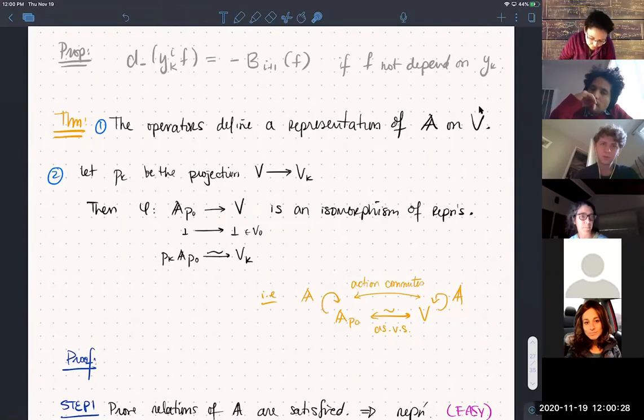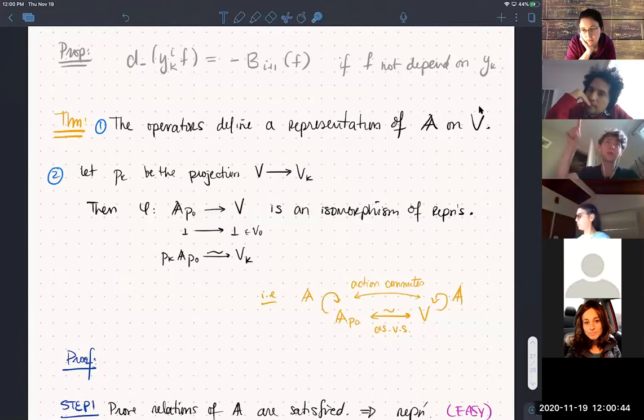I would also add that the meaning of the theorem is that you start from 1 in V0, and then you can go arbitrarily up and down, and then you end in Vk. The claim is that any such operator you can rewrite in terms of just going up by d plus to 1 in Vk, and then applying some operator there.